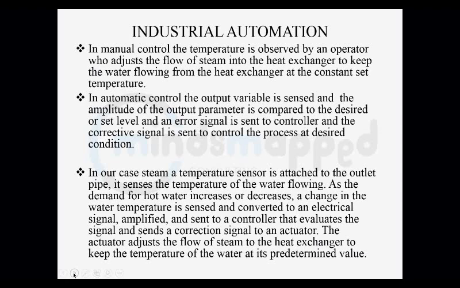So basically what it means is that in automatic control, you're going to put in a controller and a sensor. Now this temperature sensor will constantly be monitoring the temperature of your hot water coming out, right?